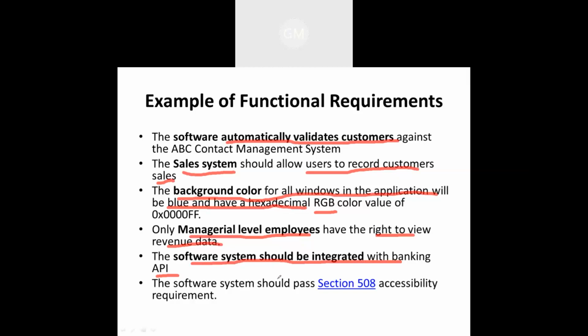Now last but not least, the software system should pass Section 508, that is the accessibility requirement. This is a section where what content should be accessed from the particular software is defined. For that you need to maintain integrity, and authority is given to the higher authority of the particular website only.